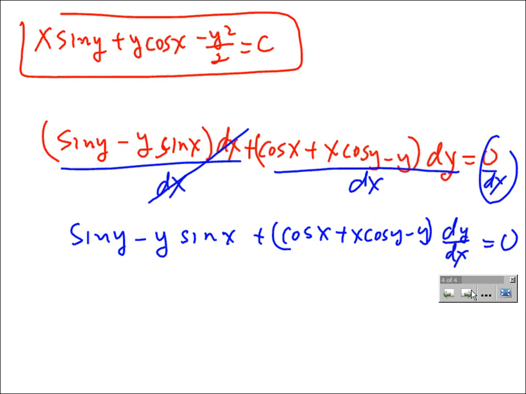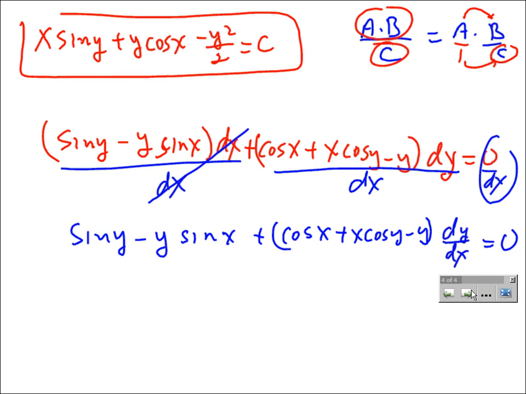Now remember, if you have a times b over c, this is a times b over c. I know some people like to put a 1 here, but either way, a times b is exactly what I have here. Personally, I just like to say c's in the bottom. If you want to say 1 times c, fine. And that is what we have. 1 times c is c.